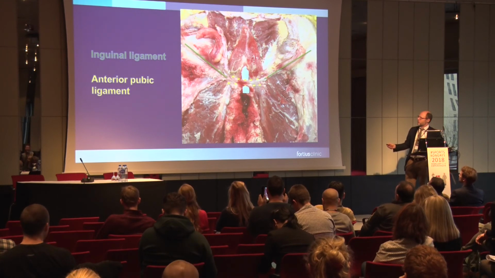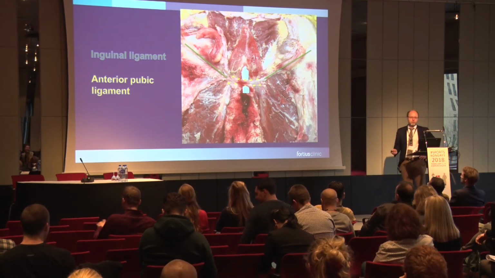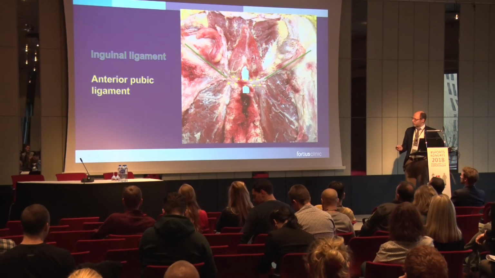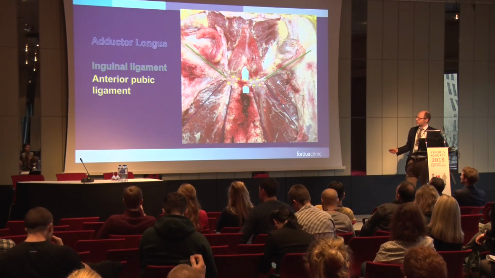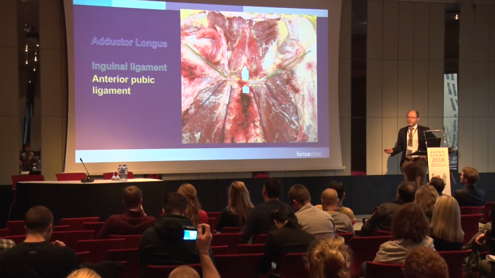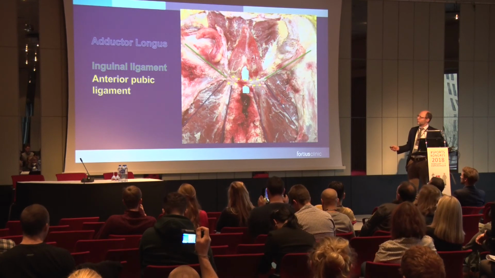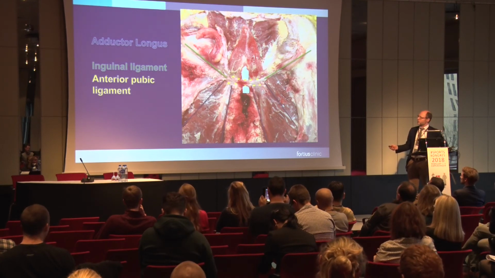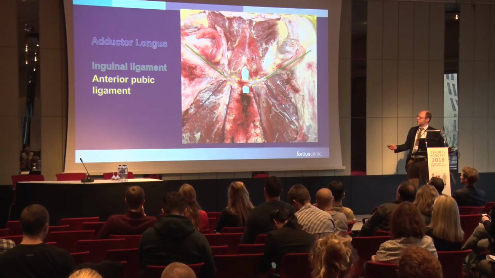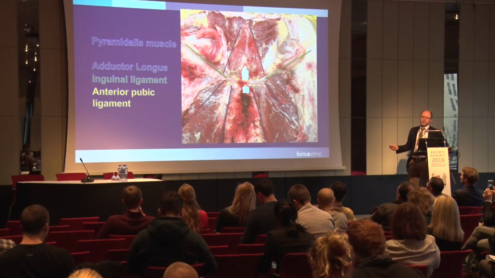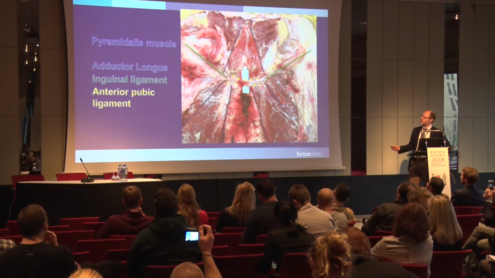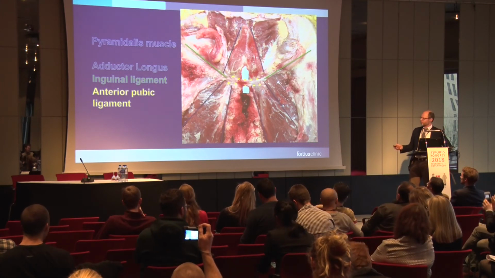And this is important because you can see that your pectineus here inserts onto the ramus, and your pubic ligament, your inguinal ligament. And then distally, your adductor longus tendon anchors onto the anterior pubic ligament. And from the top, the pyramidalis muscle arises from the anterior pubic ligament.